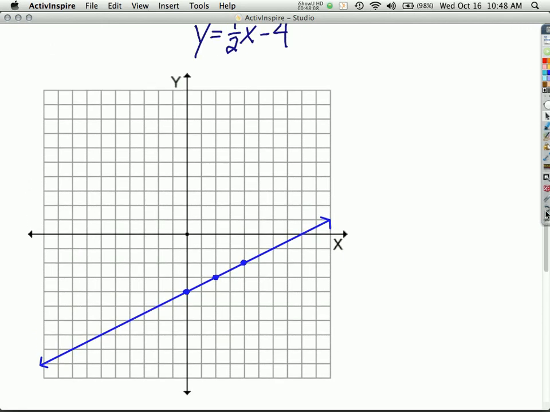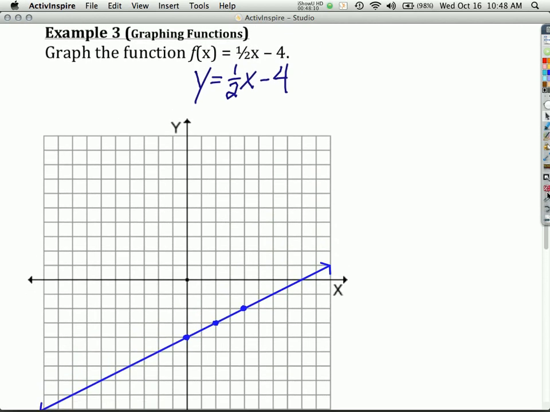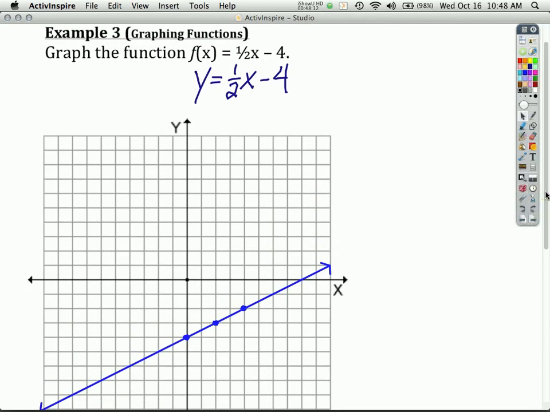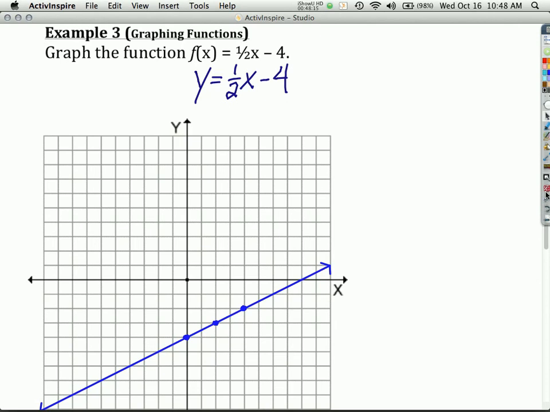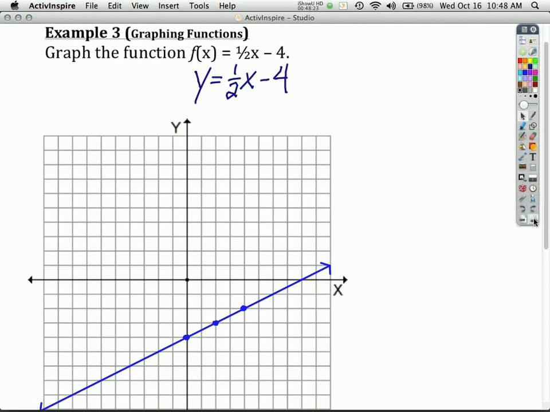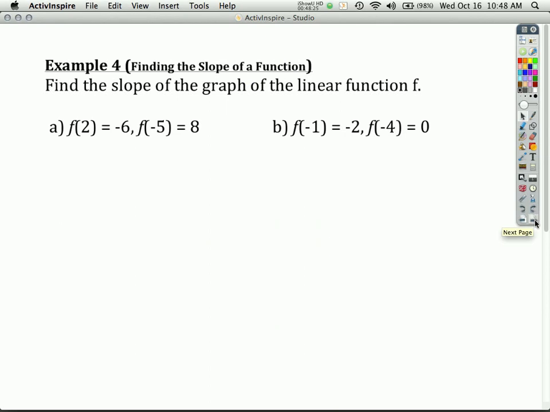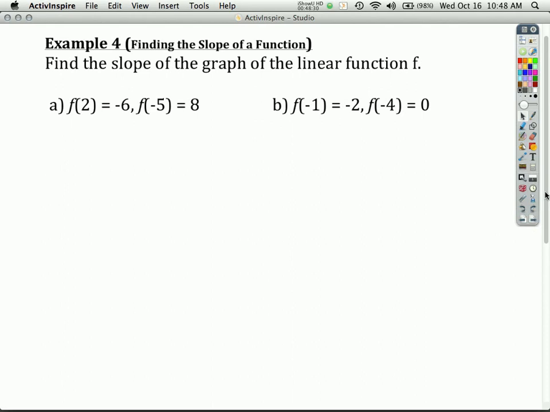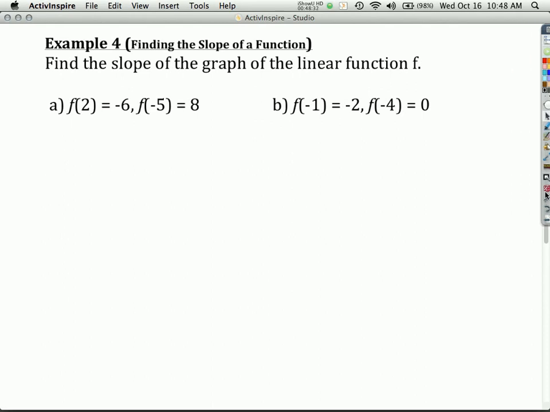So there is nothing new when you talk about graphing a function in function notation. Does anyone have any questions on how we did that? Because I did go very quickly. Okay, the last skill we need, the last type of question we need to be able to answer is calculating a slope when you're given information in function notation.